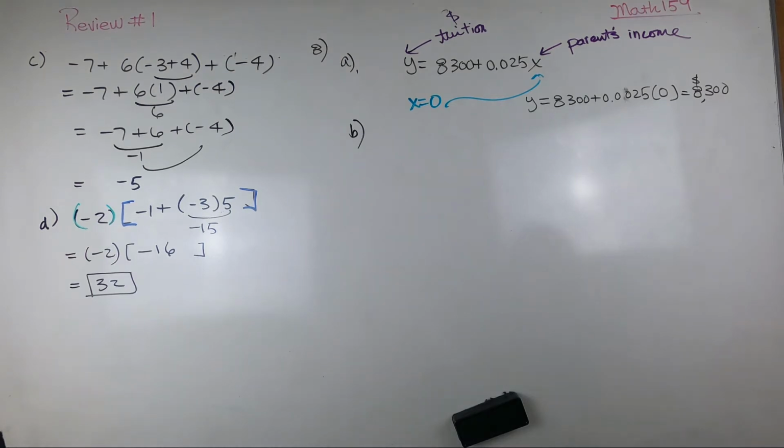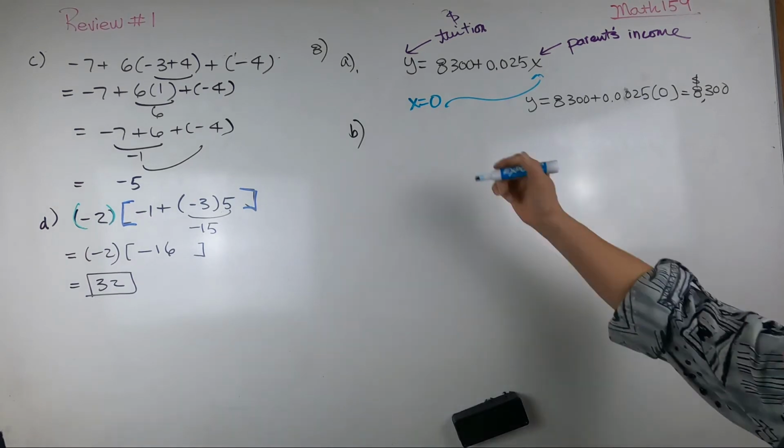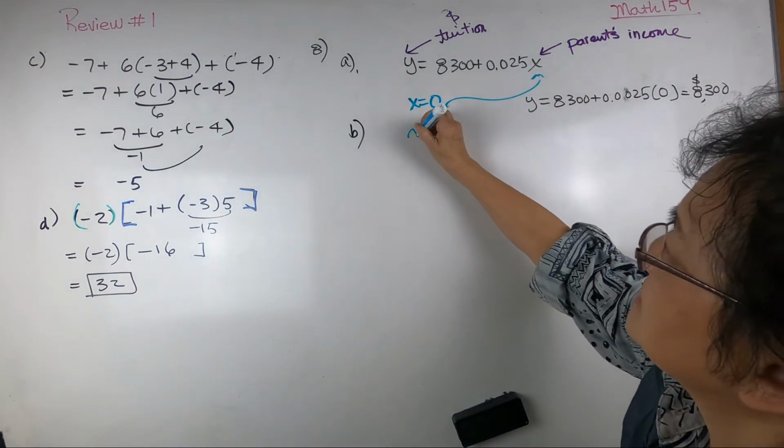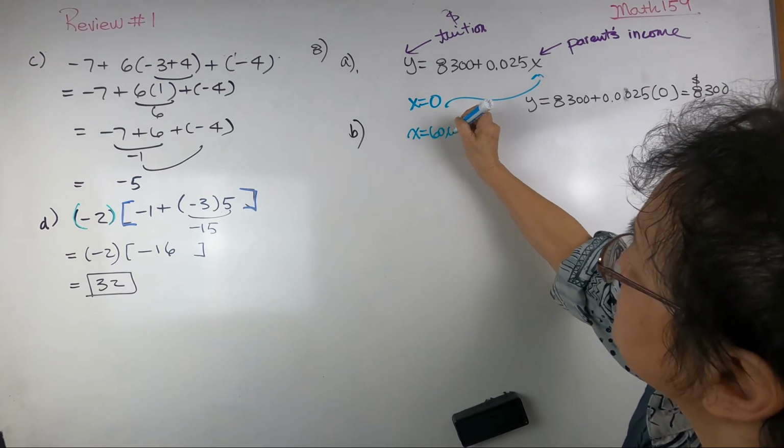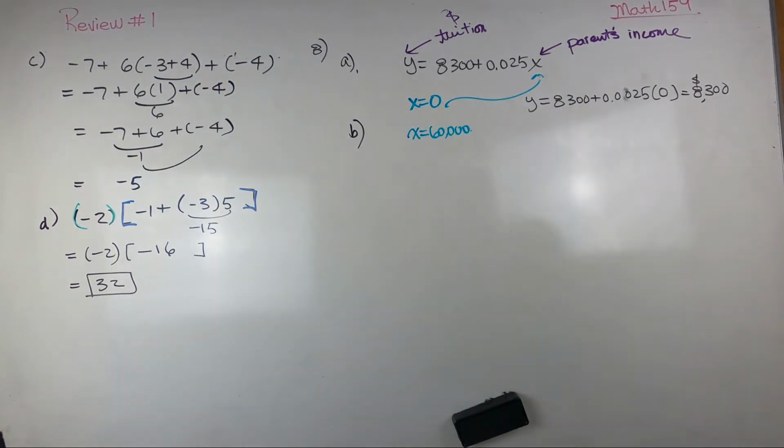So, next one. What is the best prediction of the tuition of students whose parents earn $60,000? So it's saying, okay, if your parents' income is $60,000, that means 60,000 for X. Then, according to this formula given, how much tuition should you pay?